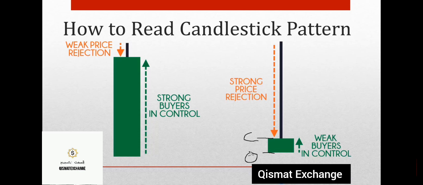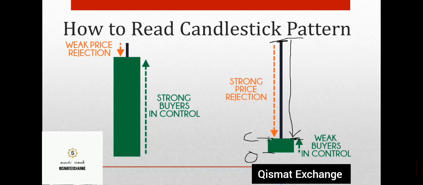However, if you look at the wick, notice the price rejection, because at one point in time, the high of the session is over here at this point. The only way for the price to close at this level is that the price has to come all the way down from the high and then finally close at this level. So what does this tell you?